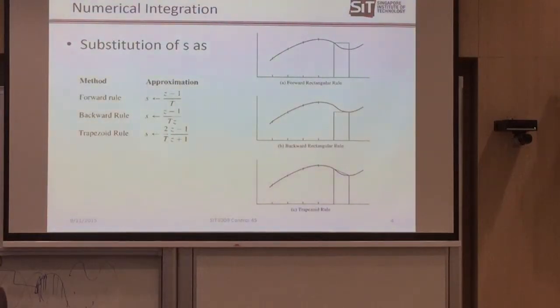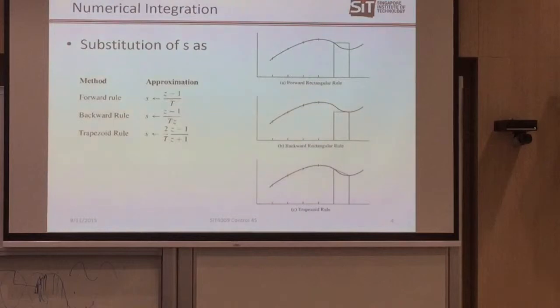Previously, we have learned how to approximate differentiation by Euler's forward and backward. We have introduced how to approximate integration by forward rectangular, backward rectangular, as well as trapezoidal. We have derived the approximations and tried certain good exercises.